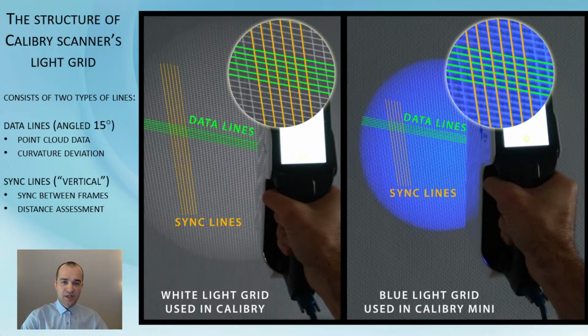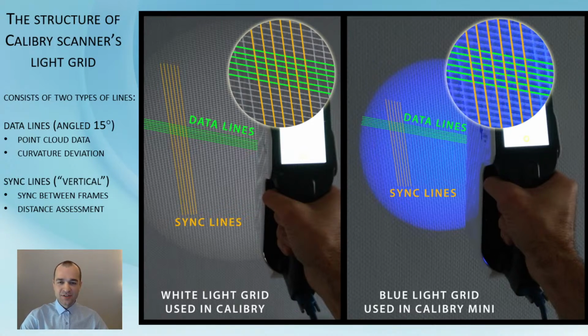So there are 2 types of lines. There are sync lines, which are almost vertical. They're slightly angled, but I'm going to refer to them as vertical lines. And data lines, which are almost horizontal, but they are inclined like 15 degrees from sync lines. It's not a straight angle here. And what is important is that sync lines do not create actual data.